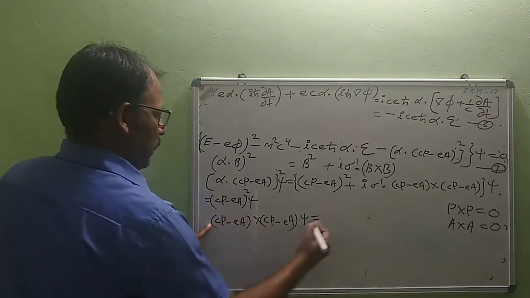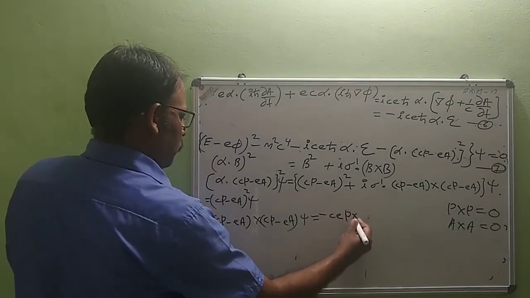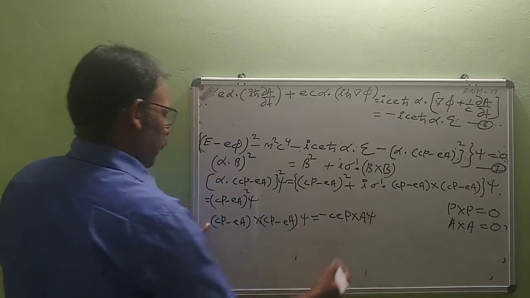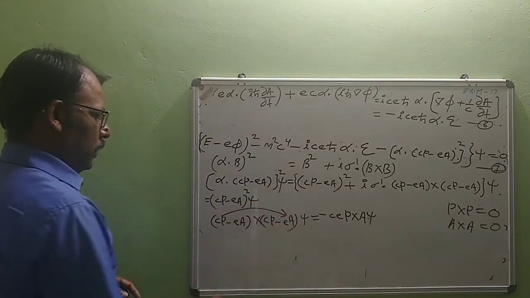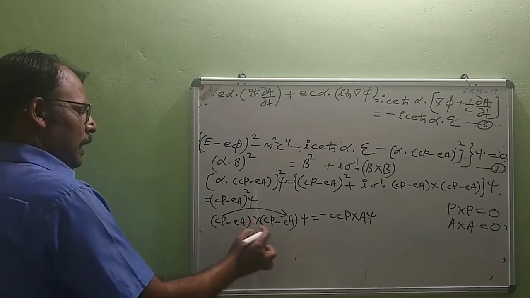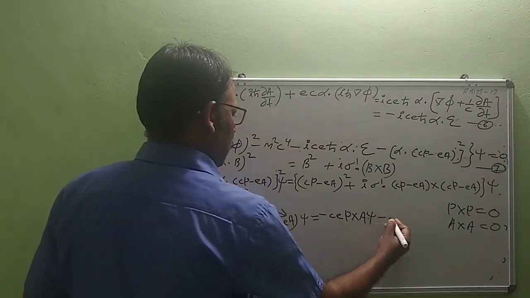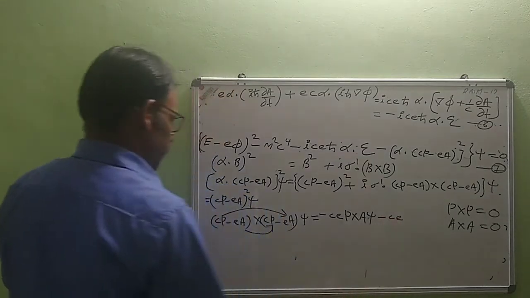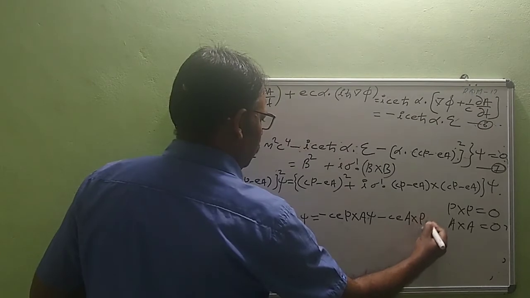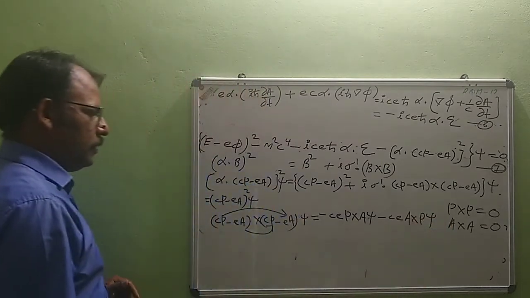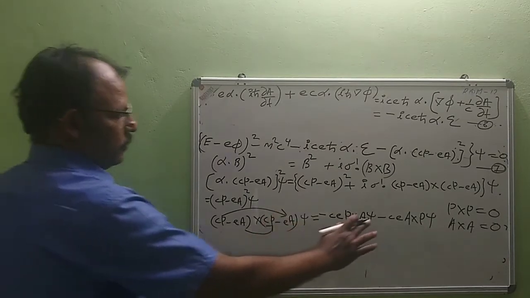Now we have P cross P, then P cross A. The next term is minus Ce into P cross A operating on wave function psi, and then A cross P, minus Ec, that is minus Ce A cross P operating on wave function psi. Now A cross A is 0.